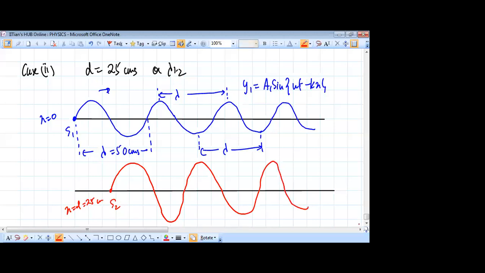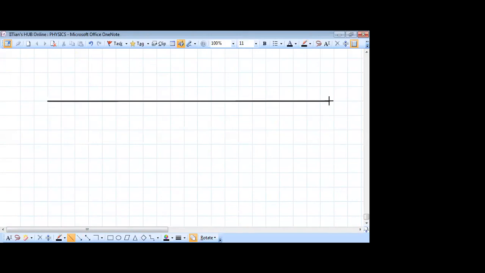So if we superimpose these two, so now if we want to look at the net effect of the two together, that would look like this, because the distance d is exactly equal to lambda by 2.